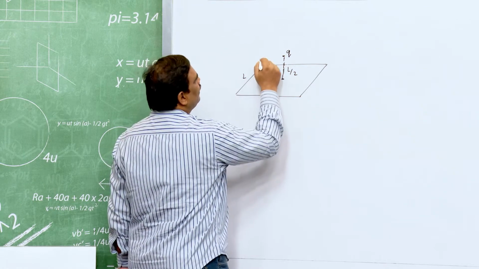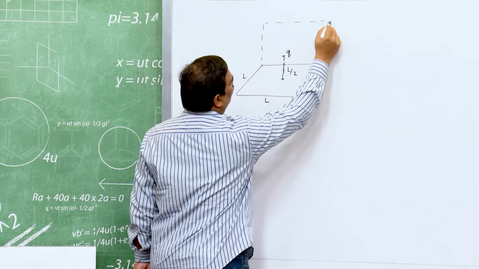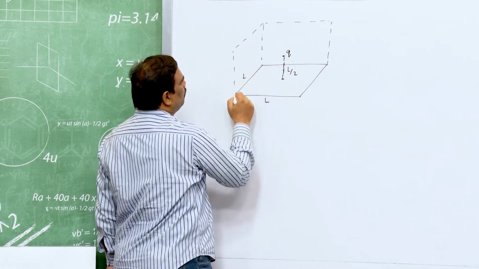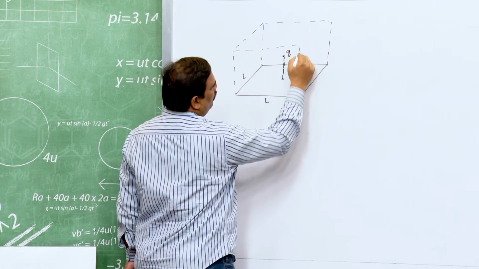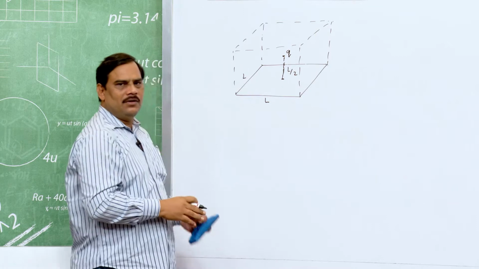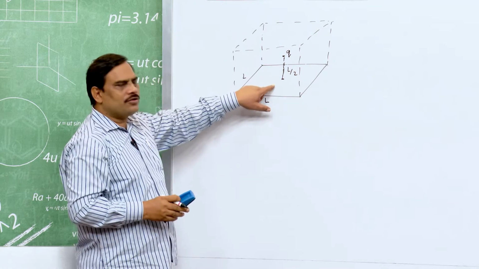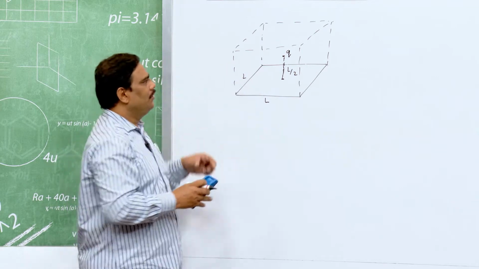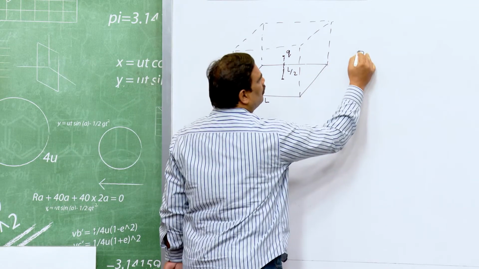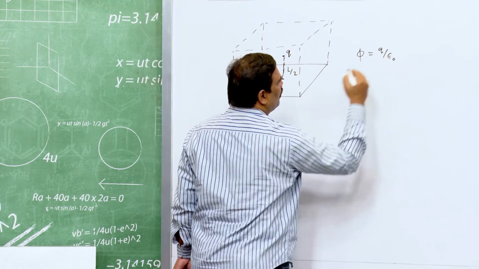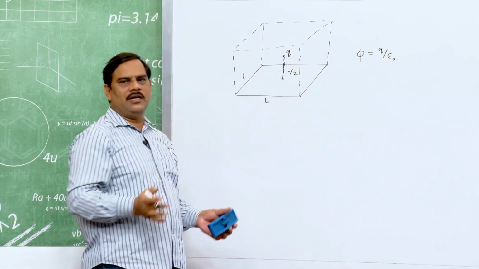Now, if I imagine a cube formed by 6 such squares on its 6 sides, the total flux generated by this charge is q divided by epsilon naught in the entire solid angle 4 pi.